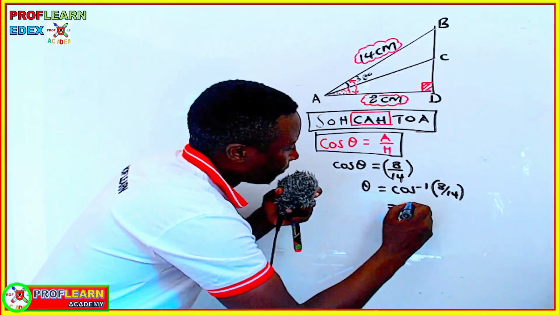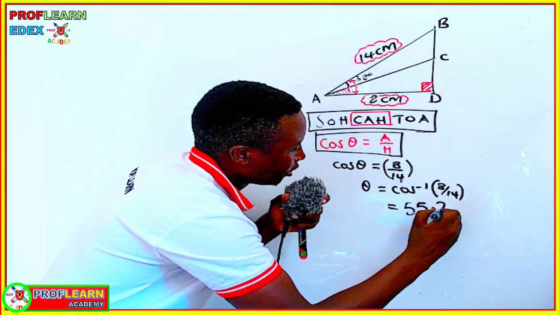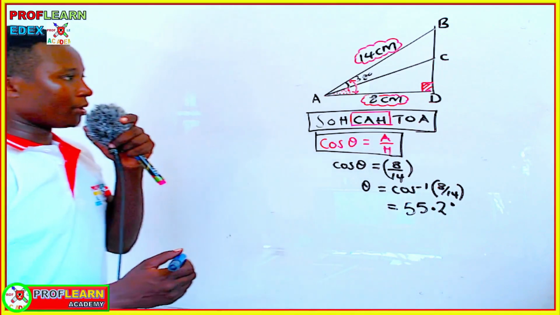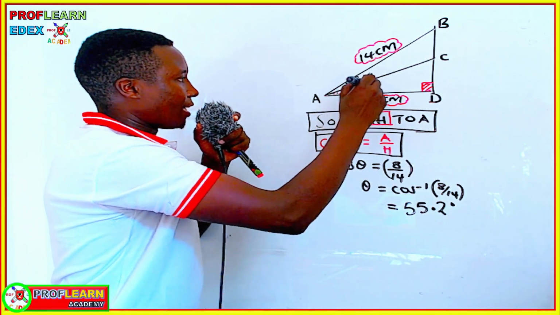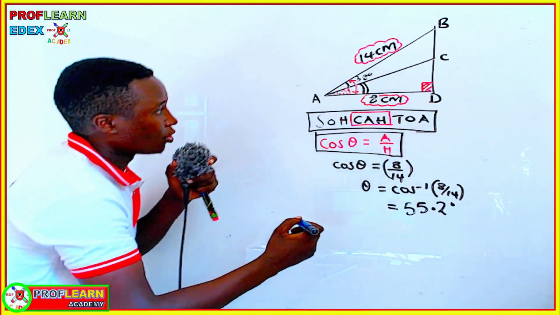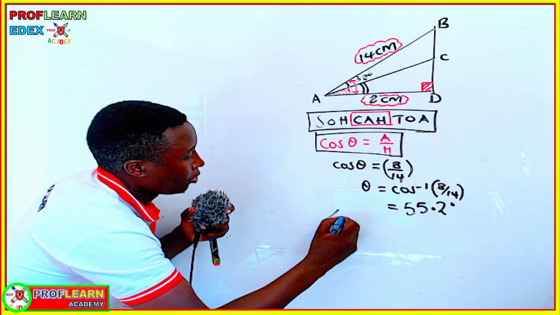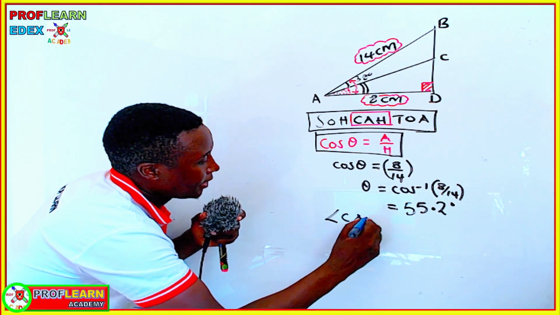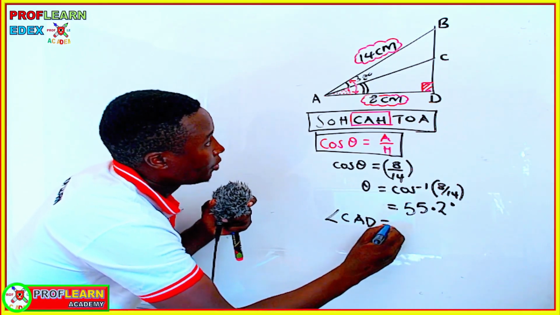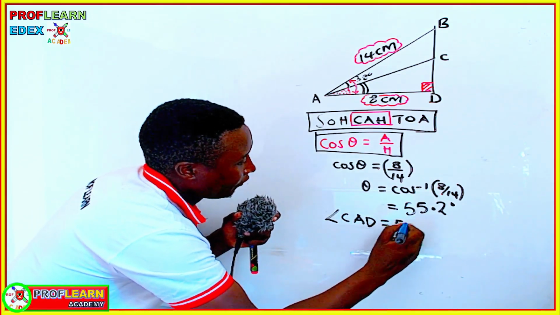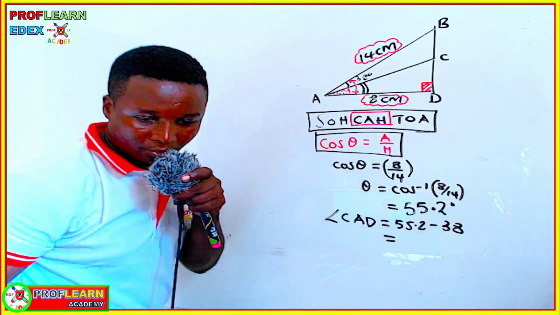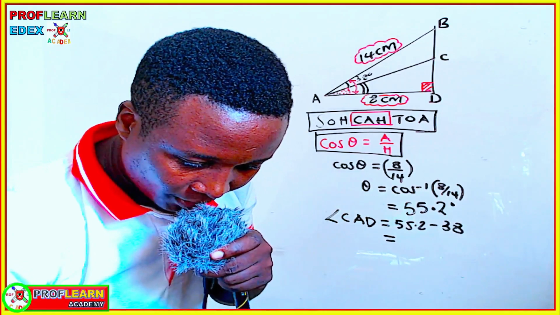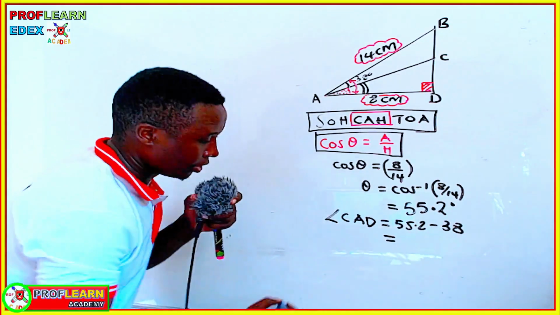So this angle is 55.2 degrees at that point. Which means the angle down here, angle CAD, is going to be equivalent to 55.2 minus 38. If I subtract 38 from this, I'm getting 17.2.